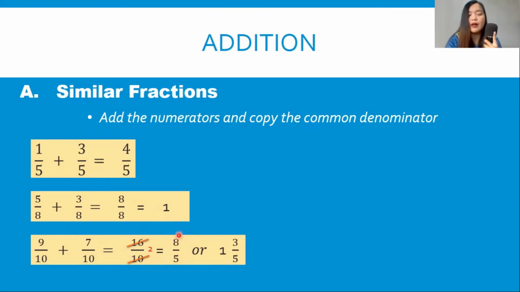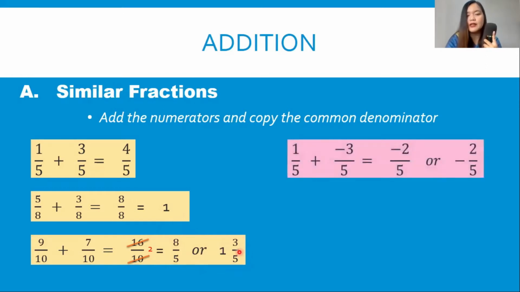In other books, by the way, they just accept improper fractions like this one, because the numerator is greater than the denominator. Or they use a mixed number, and it is equivalent to 1 and 3/5.